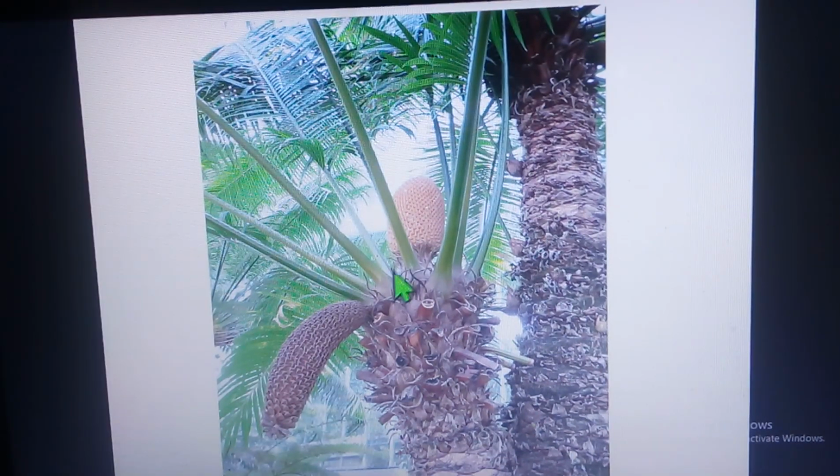Even here we can see that it already pushes this male cone to one side. These are the new foliage leaves, the new crown of foliage leaves, and this is the newly formed male cone.